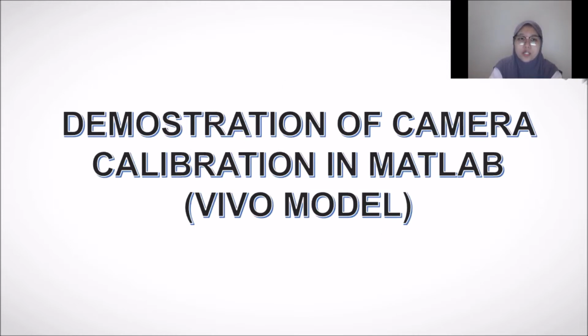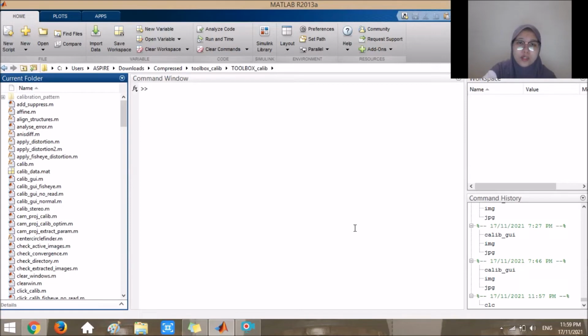Okay, next we will continue to the demonstration of camera calibration in MATLAB for the Vivo model. For the demonstration using MATLAB, first thing first, we need to set the path or the location. We need to choose the right location, which is the toolbox folder.